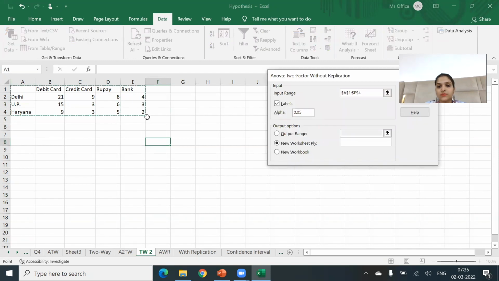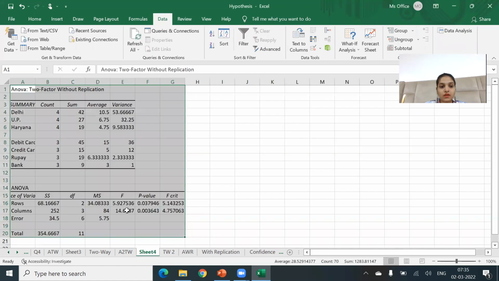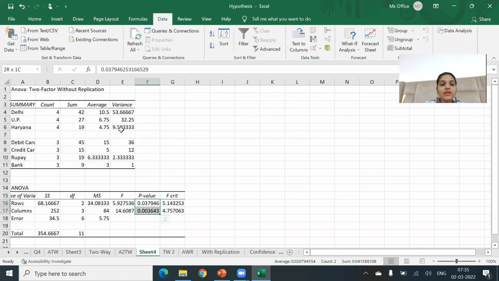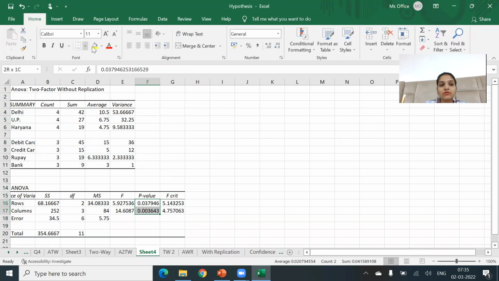Select your range, labels, alpha. Okay. Again, you can see your p values are less than your level of significance at 5%. Hence, your null hypothesis can be rejected, or you can say you have enough evidence to reject your null hypothesis.